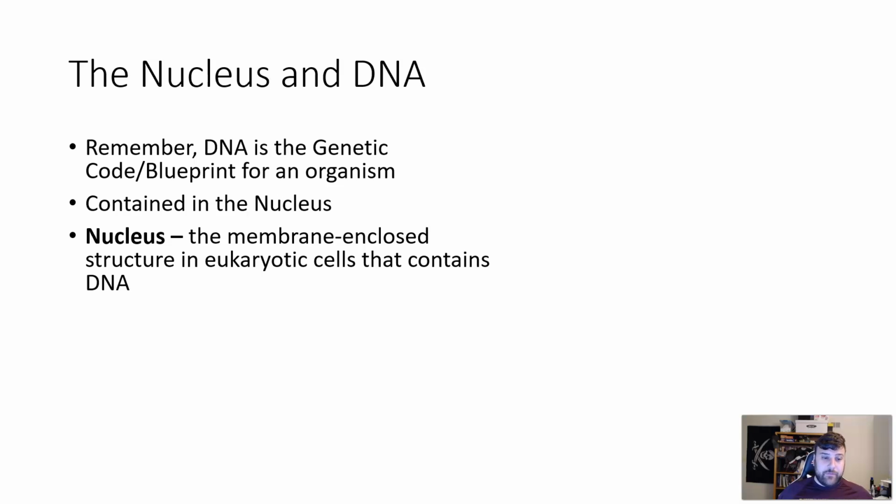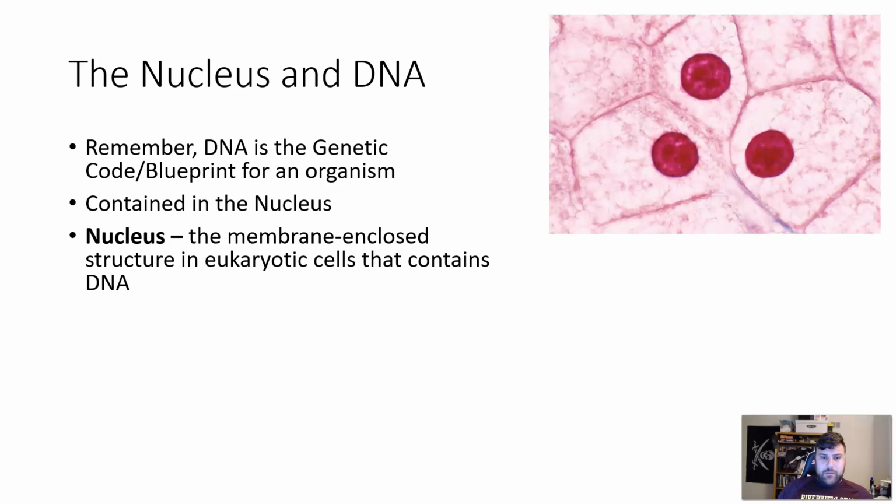The nucleus is a membrane-enclosed structure in all eukaryotic cells that contains DNA. That is what that organelle is. And we can see the nucleus. It's highlighted in red in this microscope slide.